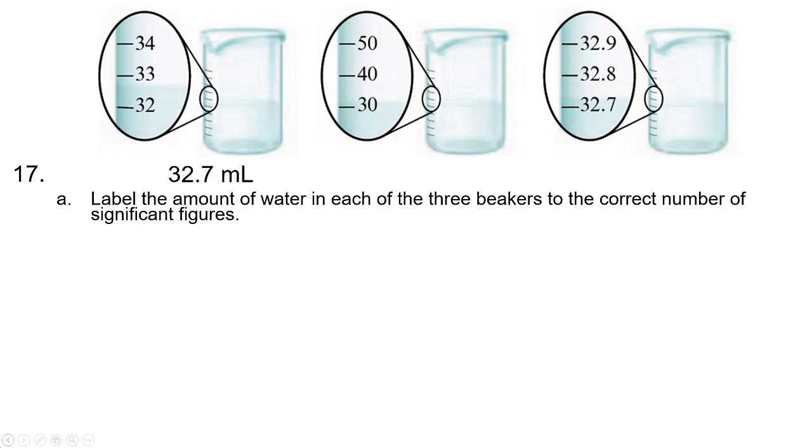Now I know that none of these here have any unit markings. Most often in chemistry courses, we're going to use milliliter to measure most volumes in our labs. And most of the markings on graduated cylinders are labeled in milliliters. If we look at the next one, it goes from 30 to 40 to 50. Well, I'm certain that it's greater than 30, but I don't know the certainty with regards to the ones place.